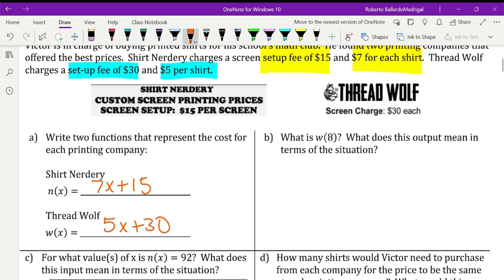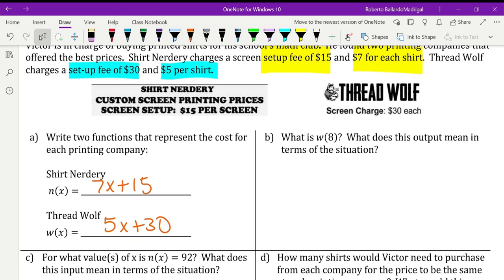All right. Now we can look at question B. And question B is asking us the following. What is W of 8? Question for you, what am I going to do with the 8? This value of 8 represents what? Is it an input or is it an output? Maddie. It's an input. So if 8 is an input, we plug it in place of what? In place of x.